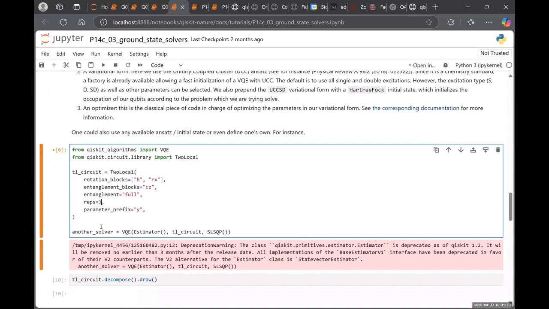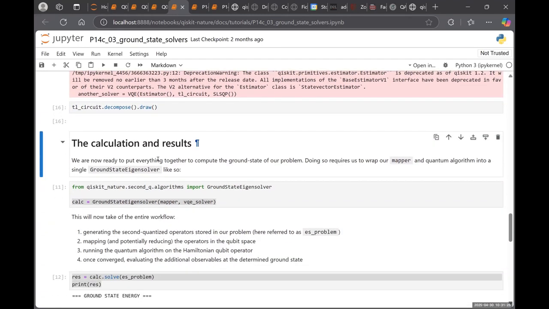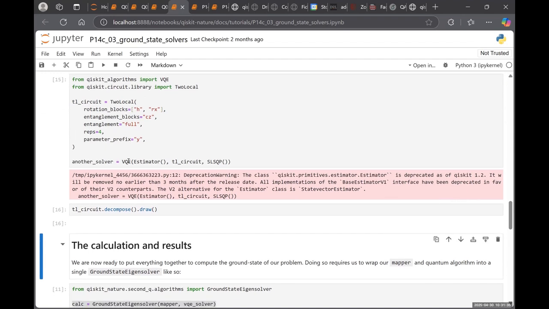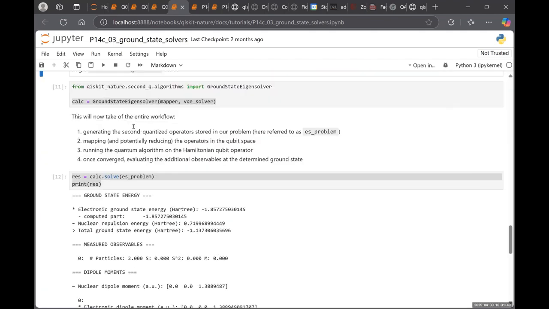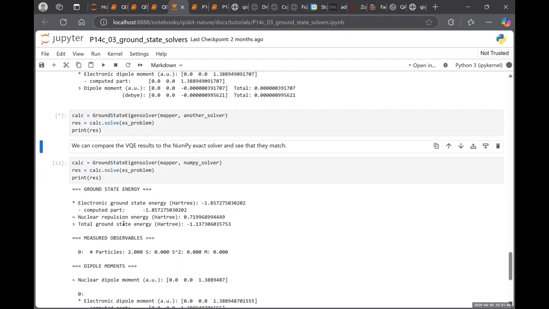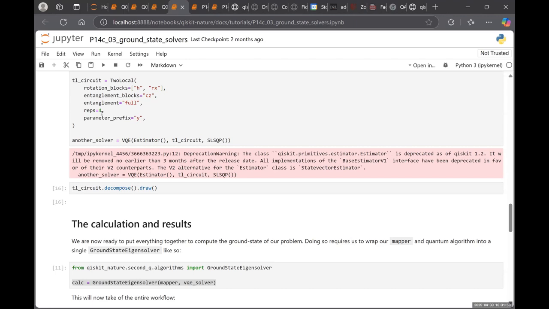If I want to, for example, increase the repetition, let's say to 4, I guess it will print out. Again, because I have more parameters since I'm doing the repetition.